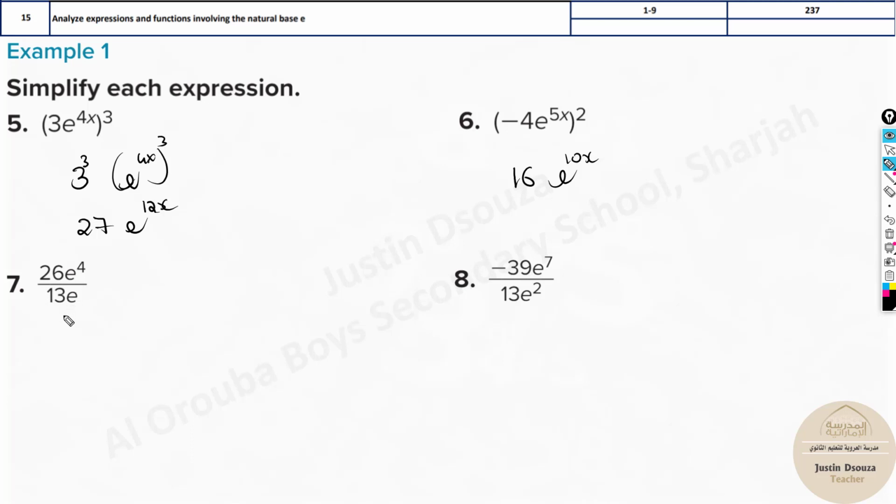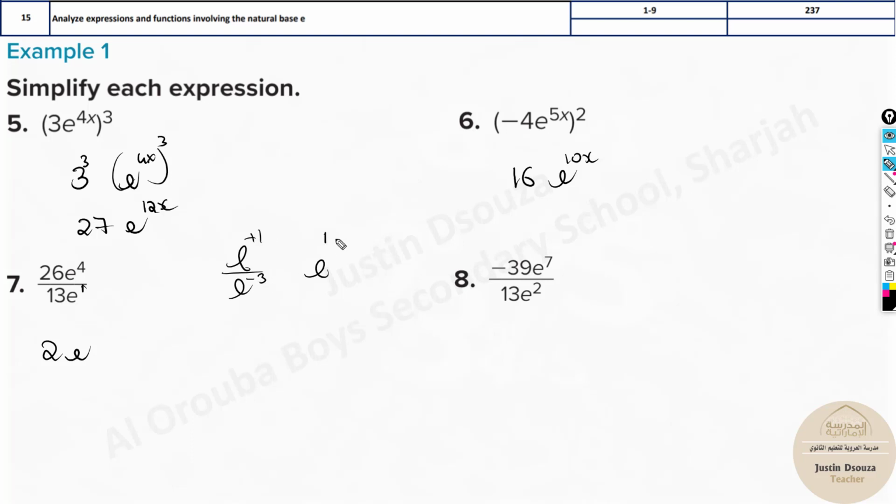Now when you're dividing, remember this 26 by 13 is 2. What about the powers? Here nothing means it's power 1. The rule says when you divide two terms with same base but different exponents, and say over here you are minus 3. You just have to subtract the denominator exponent from the numerator exponent.